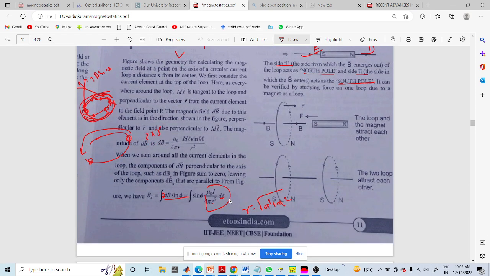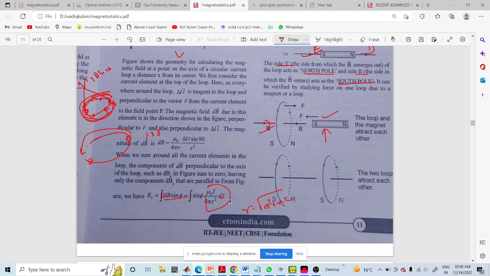Now look here, this is a loop and this is another magnet, right? Because of this loop we have a magnetic field, and because of this magnet we also have a magnetic field.